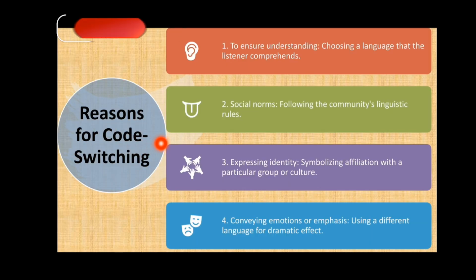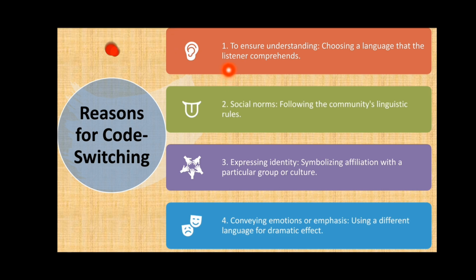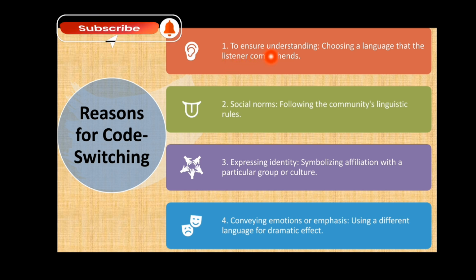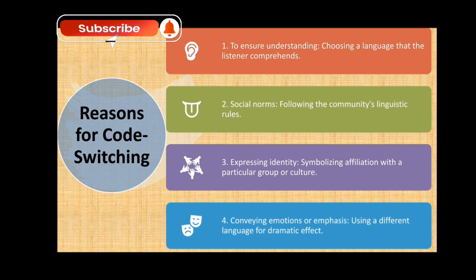Reasons for code switching. There are multiple reasons for code switching. For example, to ensure understanding, that is one purpose: choosing a language that the listener comprehends. As I told you, you might be speaking English at home or at university, and you are very proficient in English.